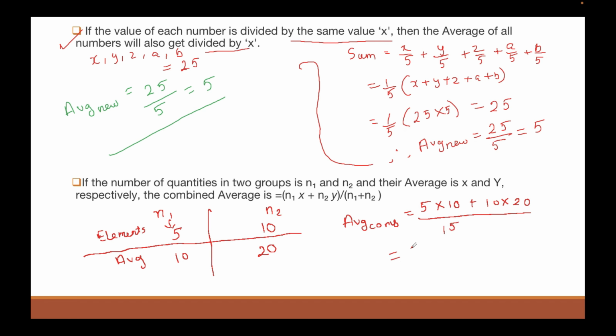So 10 into 5 is 50, plus 200, by 15. So 250 by 15. You can further simplify it, keeping it in fraction only. So 50 by 3, which you can write further as 16.66, or 16.67 in decimal if you want. So this is the combined average.